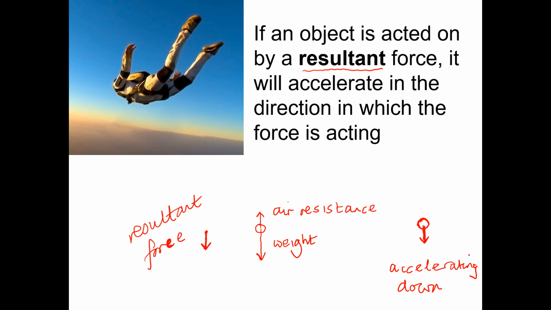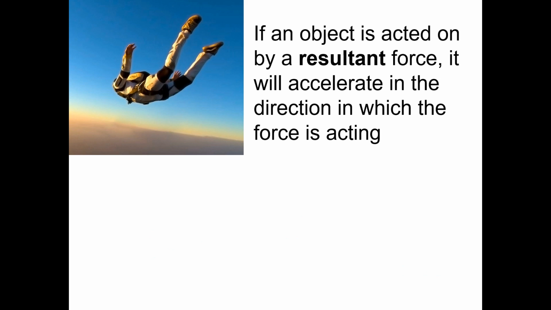There is a resultant force down. They will be accelerating down, not just falling down. If the person were experiencing no resultant force, and these forces were balanced, then they wouldn't just stop. These forces might be balanced and the resultant force might well be zero.